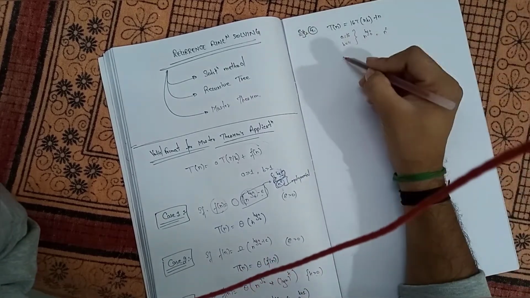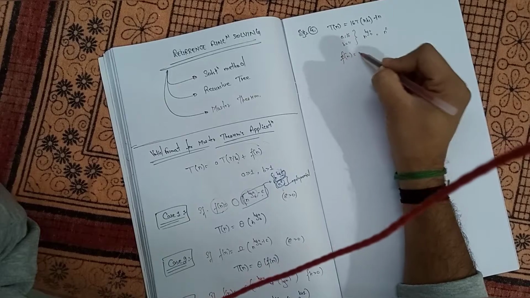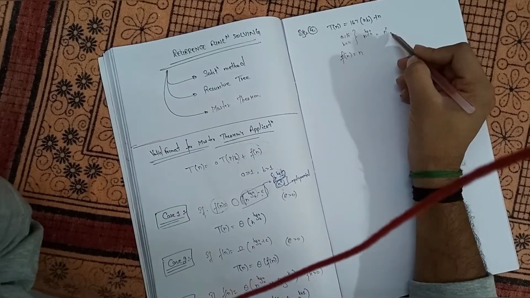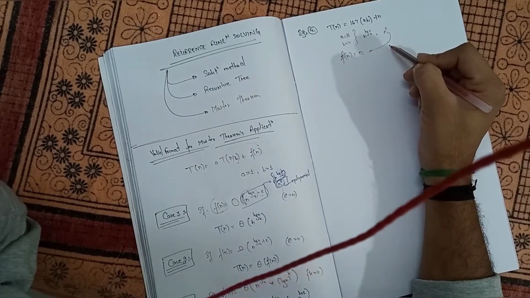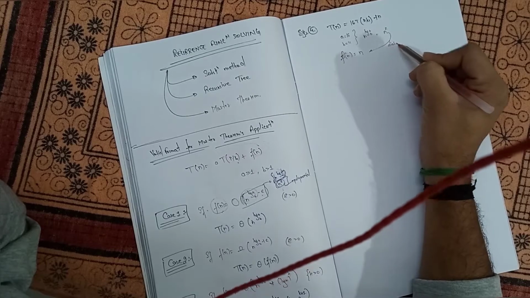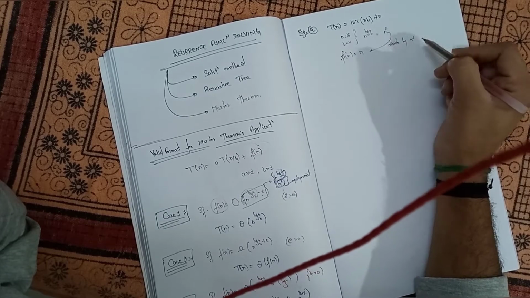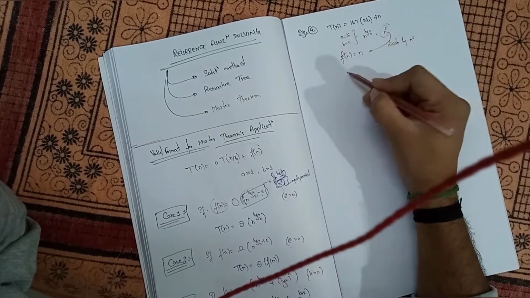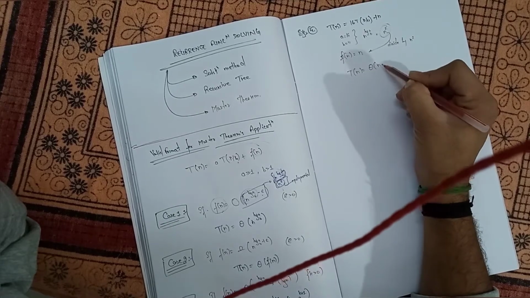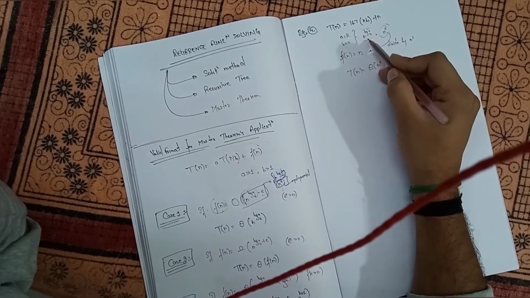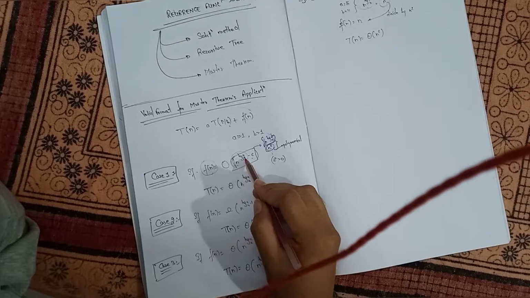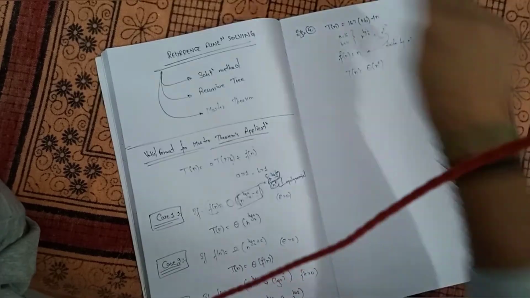And f of n is given to be n. So in order to reach f of n, I need to divide n square by n, divide by n power 1. So this is having higher complexity, so I can directly say T of n is theta of n square. n square is n log ab. Direct answer.